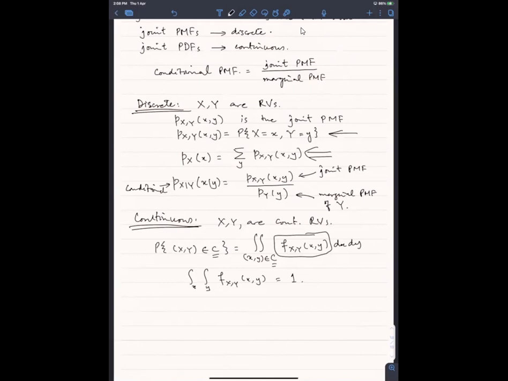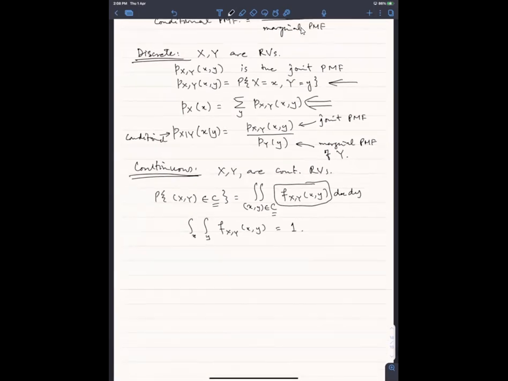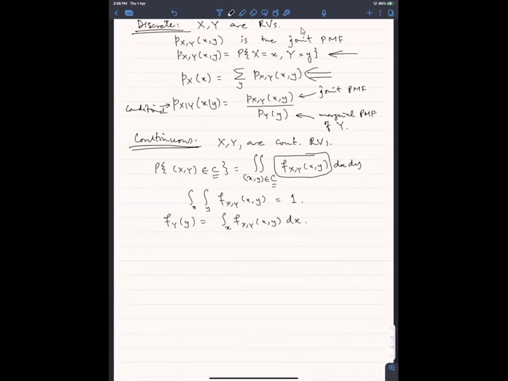And then we defined the marginal in this case. Again, if you want the marginal of Y, you integrate out X, going from minus infinity to plus infinity of f_XY dx. That's how you would find the marginal PDF of Y, or simply the PDF of Y. And in this case, we defined the conditional f of X given Y as, once again, the ratio of the joint PDF divided by the marginal PDF.